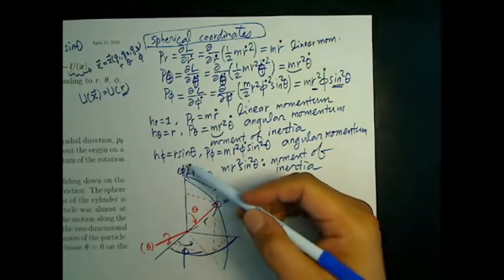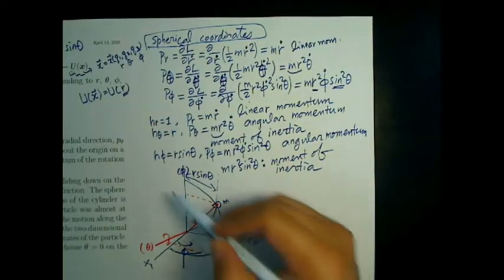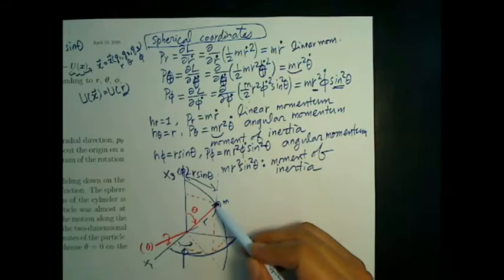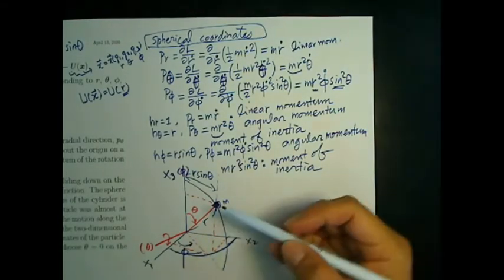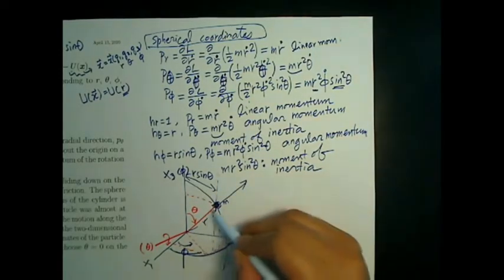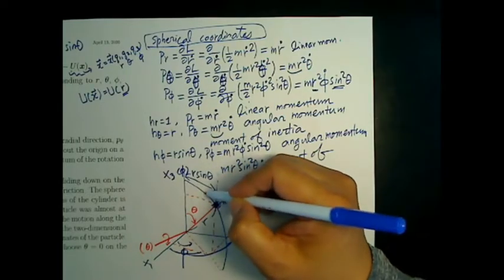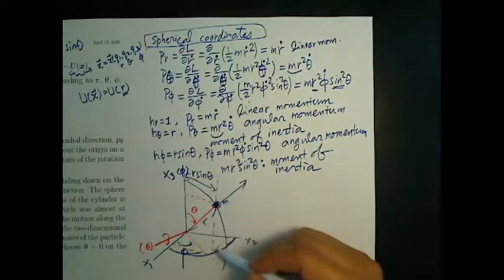In this figure, we summarize this. This is the x-axis, y-axis, and z-axis. And this is the position of a particle m. This is the radius, and we have the radial direction and the angular direction, which depends on theta, and the theta direction is a plane.